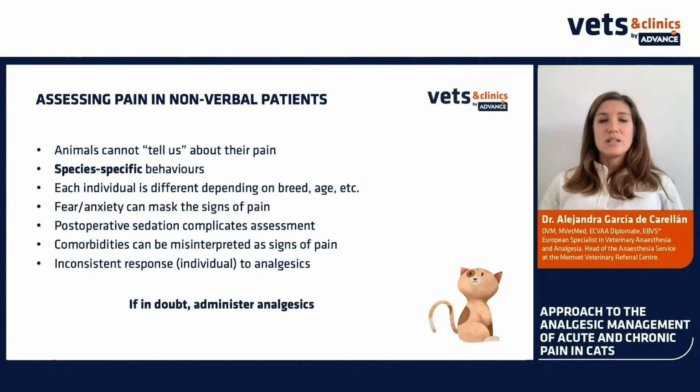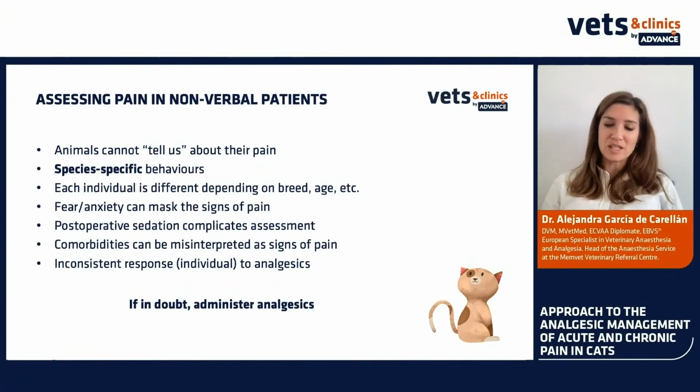If we try to assess pain in non-verbal patients, because obviously the cat cannot tell you where it's painful, basically we need to be very careful and very quick recognizing these specific behaviors that they show you. Each individual is also different, so it's not going to be the same for all cats, as pain is not the same for each person.